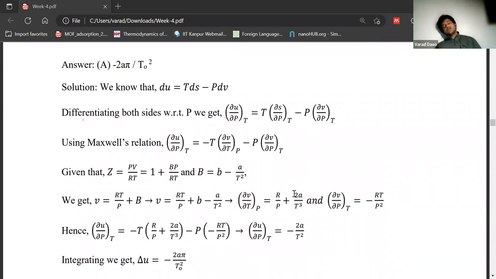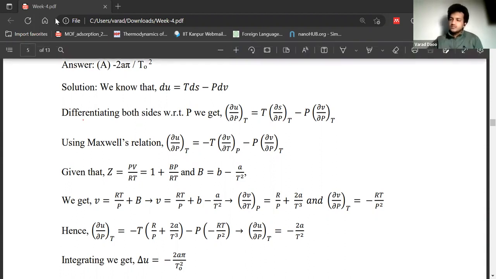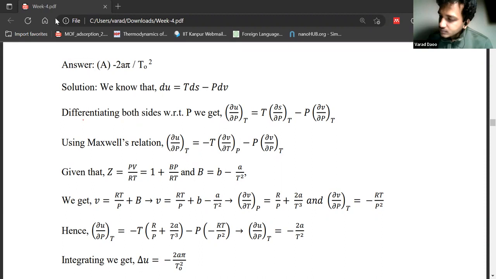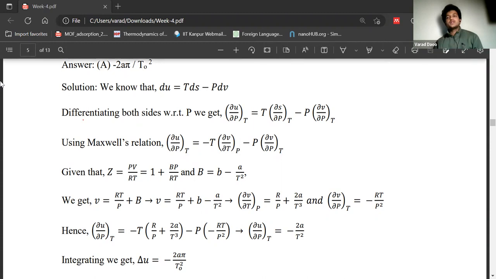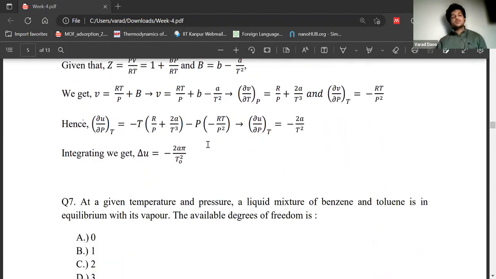And the other students, if anybody would like to write it down, they can write it down as well. So nobody has any question. Then we'll move on to the next question.